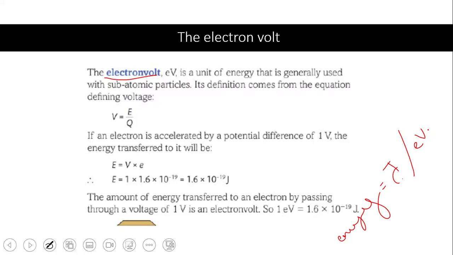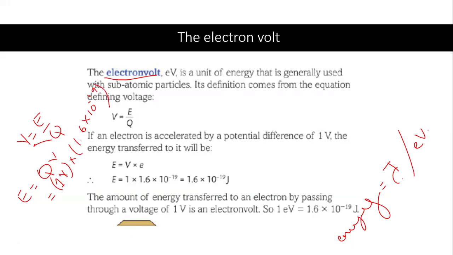Because I know voltage is equal to energy per unit charge. If I rearrange the formula, my formula becomes energy is equal to charge multiplied by voltage. So what if I apply a voltage of 1 volt to one single electron? How much energy is being transferred? That is what electron volt is, right?